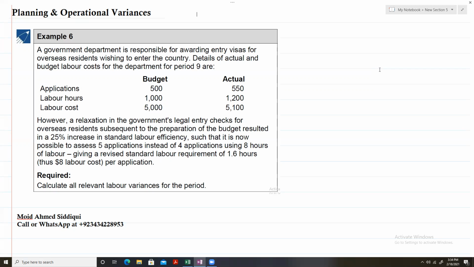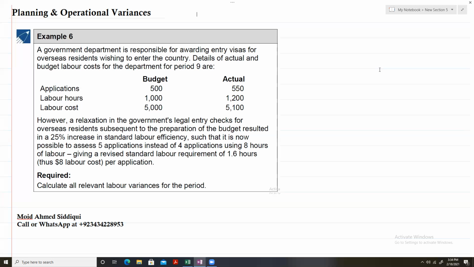The question says that the budget resulted in a 25% increase in standard labor efficiency, such that it is now possible to assess 5 applications instead of 4 applications using 8 hours of labor. This means that the labor efficiency has improved. Labor efficiency is not the same as we budgeted.